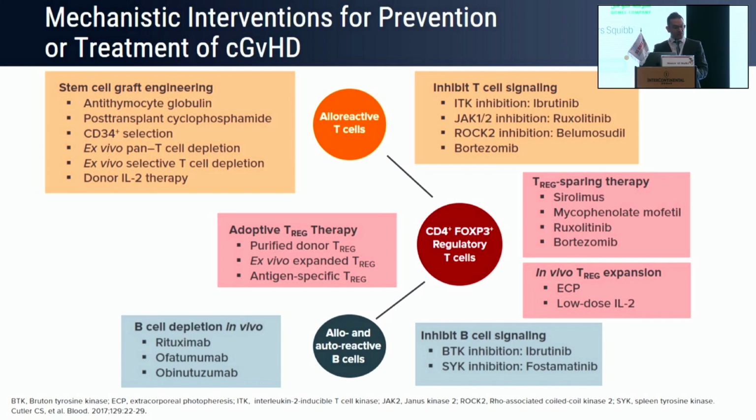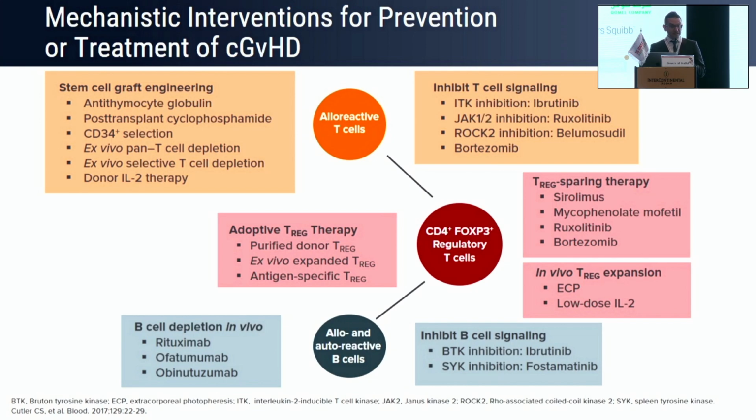On the right side, in the orange box, you can see how we can inhibit T cell signaling through different pathways. The second level is the Tregs, which we could adoptively transfer when we purify them from different donors. That's one way to do it. The other way, on the right side, is techniques that spare Tregs, including sirolimus, Cellcept, Rox, and bortezomib, or we could expand them in vivo, including ECP or low-dose IL-2.